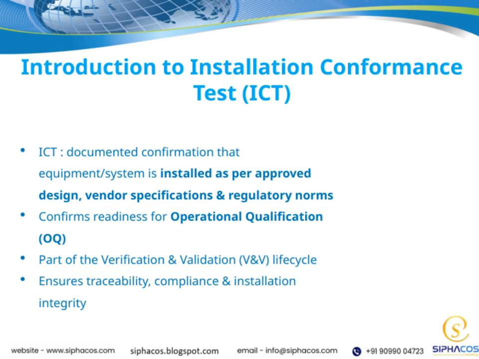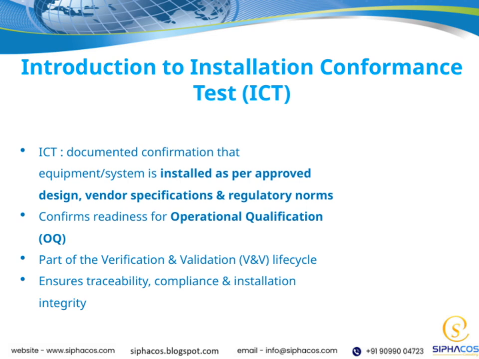V&V is all about making sure that each stage of the project is verified to meet the design and validated to perform as intended. Another key aspect of ICT is that it ensures traceability, compliance, and installation integrity. This means we can track each step, demonstrate adherence to standards, and be confident that the installation is solid and reliable.